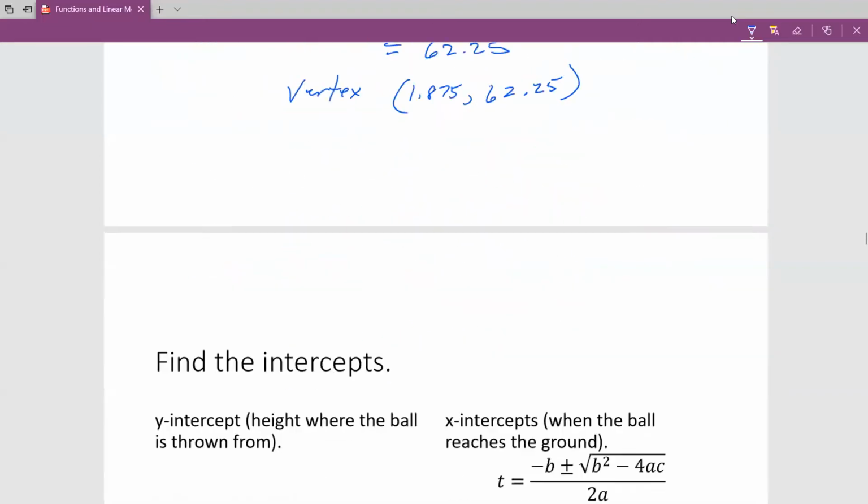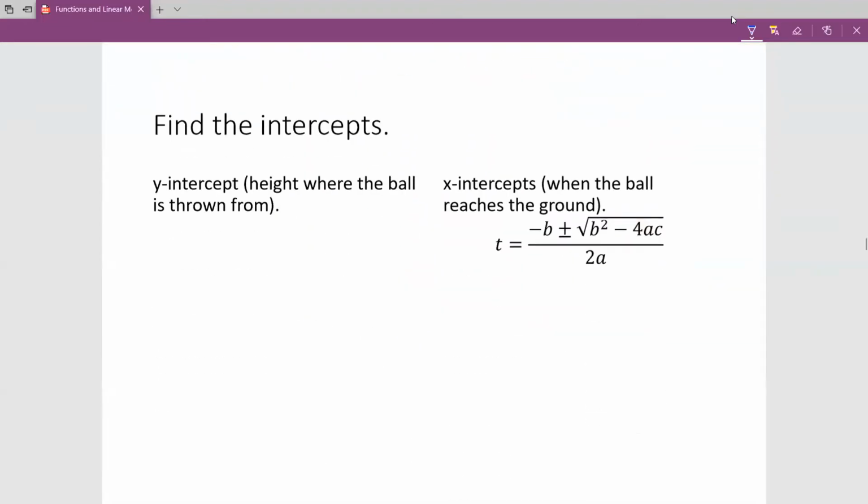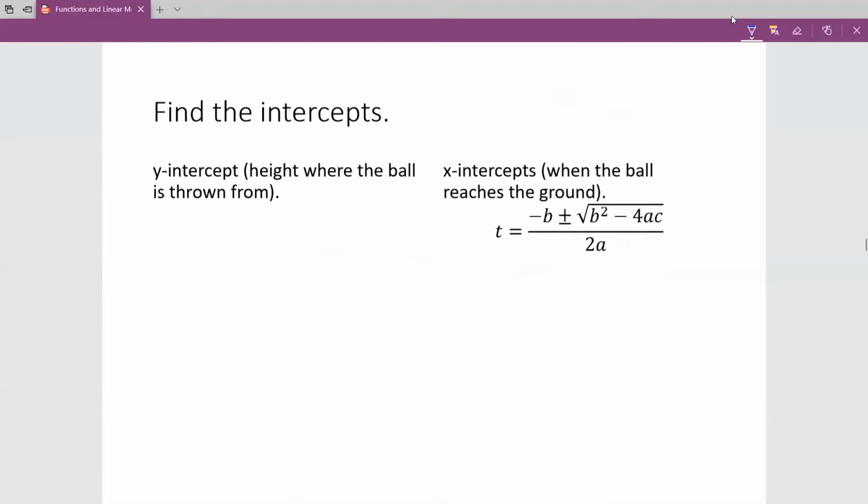Now we want to find the intercepts. Remember, we're talking about the function h of t is minus 16t squared plus 60t plus 6. And a is minus 16, b is 60, and c is 6.